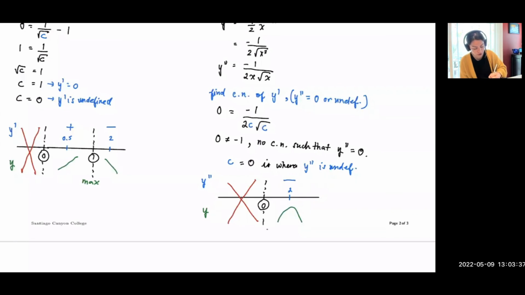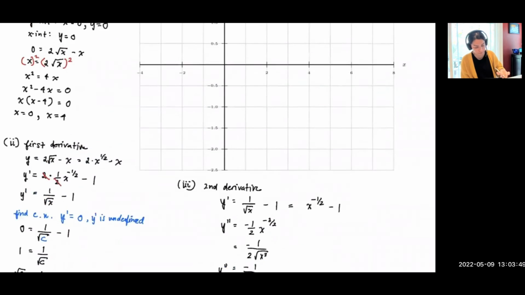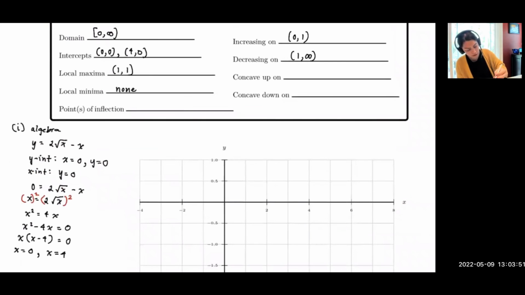So this means there are no points of inflection. But we do have concavity. The concavity interval down is from 0 to infinity. However, there are no points of inflection and there are no intervals of concavity up.